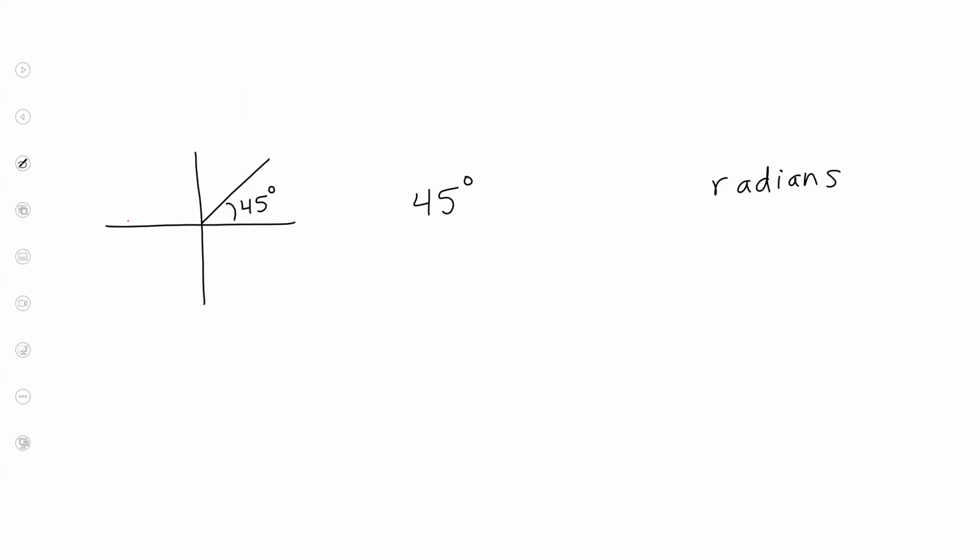And the way I'm going to do that is I'm going to multiply this by 2 pi over 360 degrees. Isn't this just 1? Because it's the same thing. 2 pi is the same thing as 360. So anything divided by itself is just 1.